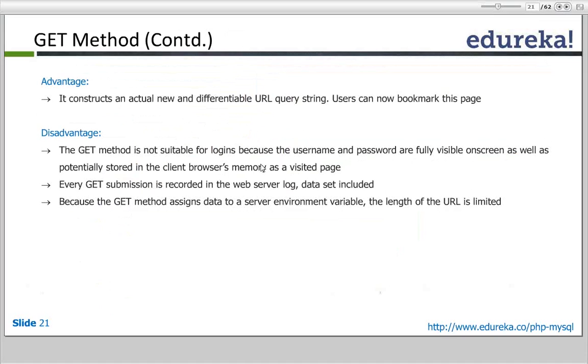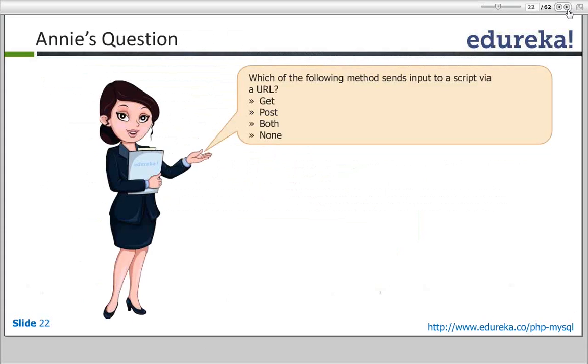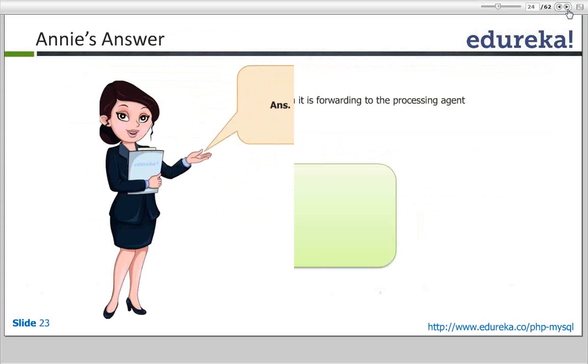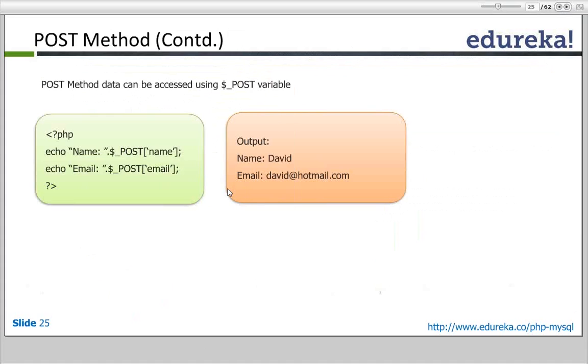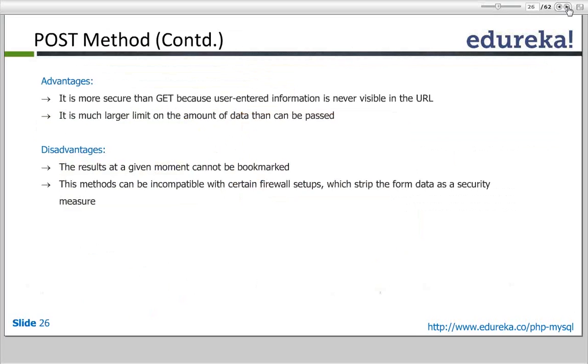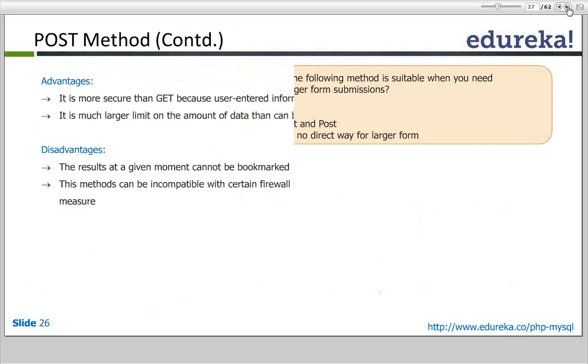If get is used, then everything is appended to the URL. The disadvantage is that there is a limit to which the query string can extend. But in post there is no limit, but data is not appended to the URL. It will go in the background. So these are the advantages and disadvantages of post on slide number 26 that I discussed yesterday.